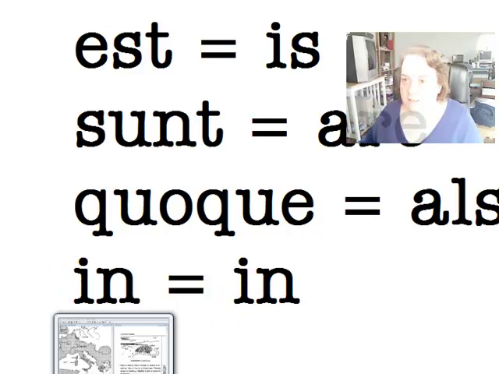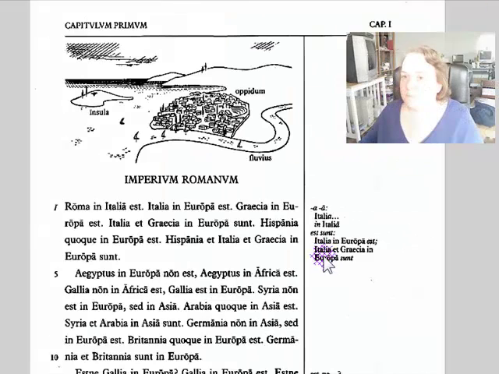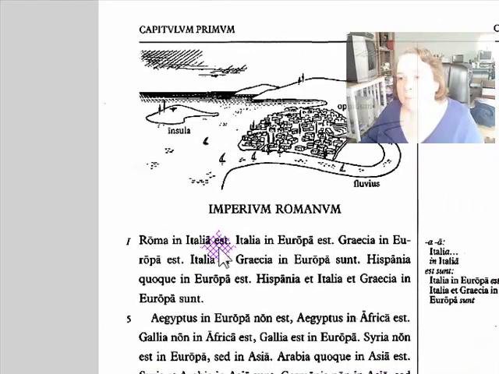Read with me in Latin. Roma in Italia est. Italia in Europa est. Graecia in Europa est. Italia et Graecia in Europa sunt. Hispania quoque in Europa est. Hispania et Italia et Graecia in Europa sunt.